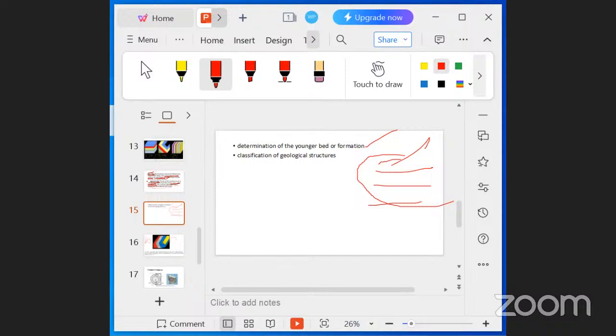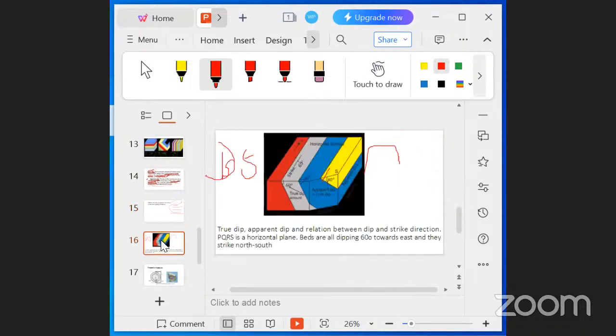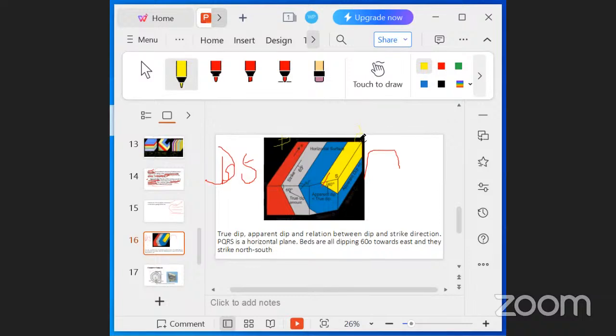Now you see here the true dip and apparent dip and the relation between dip and strike directions. You see here PQRS. P, this one.